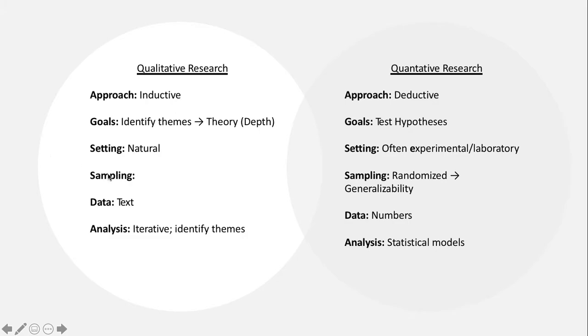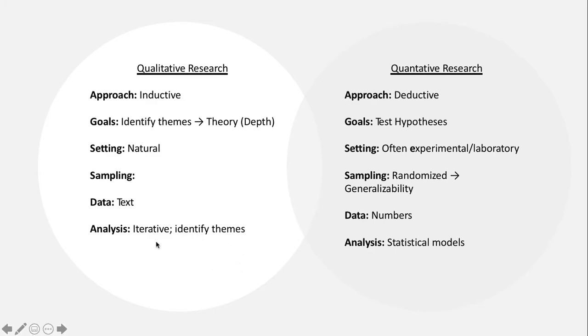Sampling, we'll go into sampling for qualitative research more later, but for sampling in quantitative, ideally it's randomized and generalizable. So qualitative research data is text, quantitative it is numbers. When I say text, I'm talking words or photos, things like that.